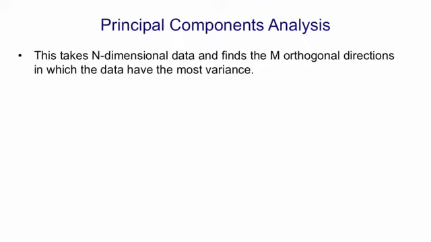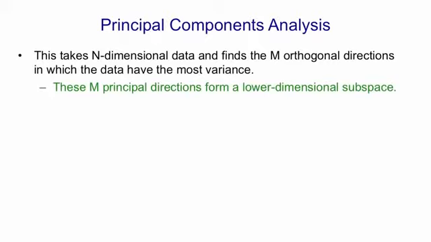representation. In principal components analysis, we have n-dimensional data, and we want to represent it using less than n numbers. And so we find m orthogonal directions in which the data has the most variance, and we ignore the directions in which the data doesn't vary much.